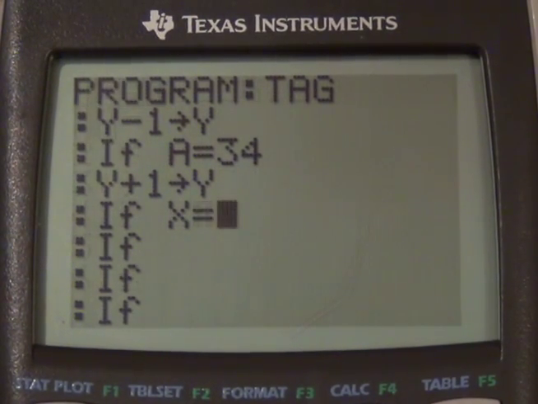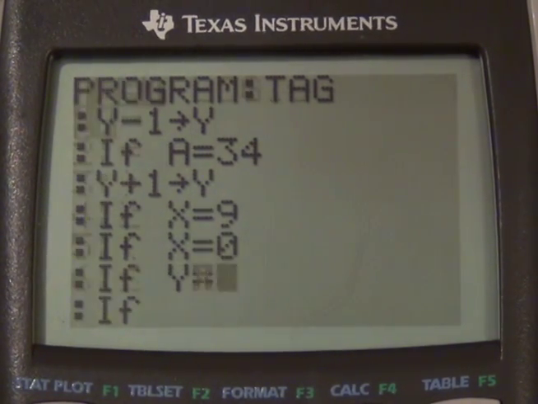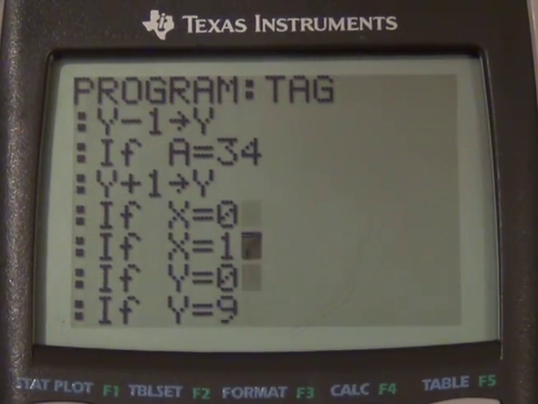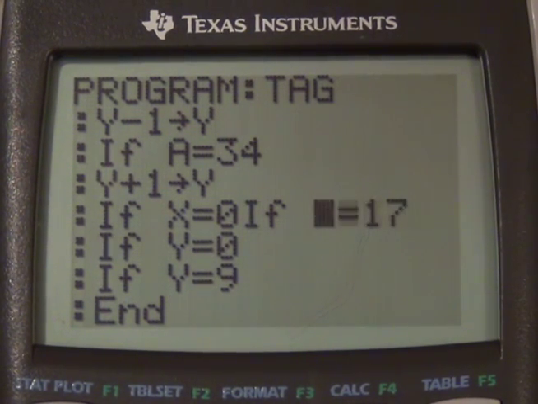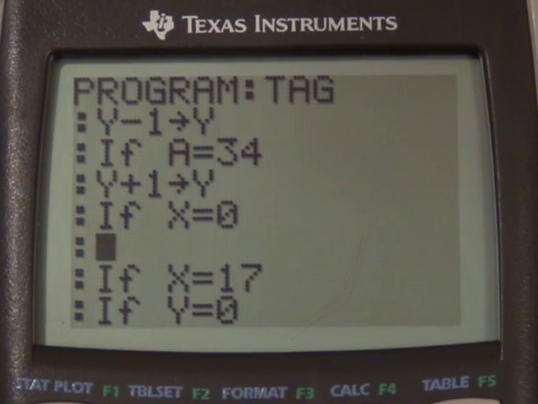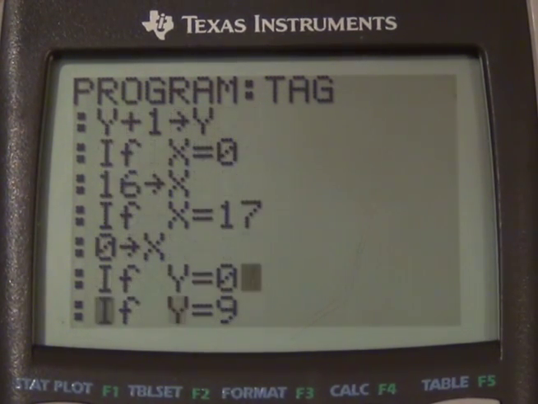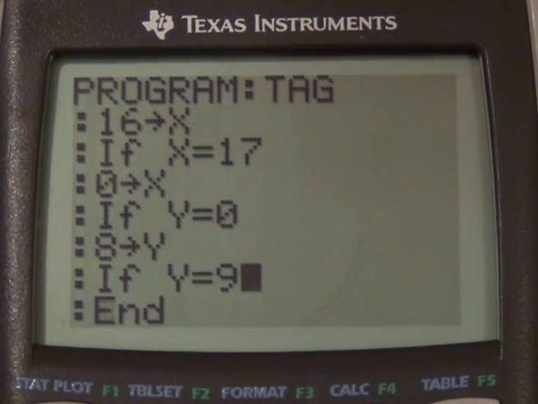Okay, so if x equals 9, x equals 0, y equals 9, I'm sorry, this is 7, we'll do 0, 17, 0, y equals 9. Oops. So 16 stores x, 0 stores x, 8 stores y, 0 stores y.